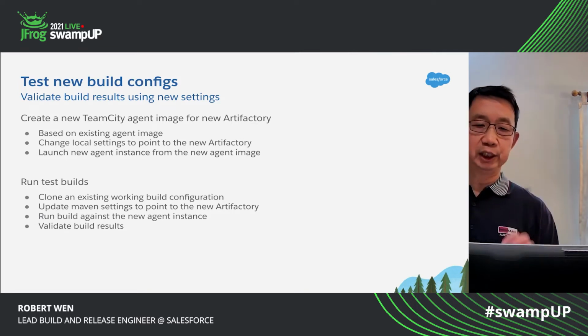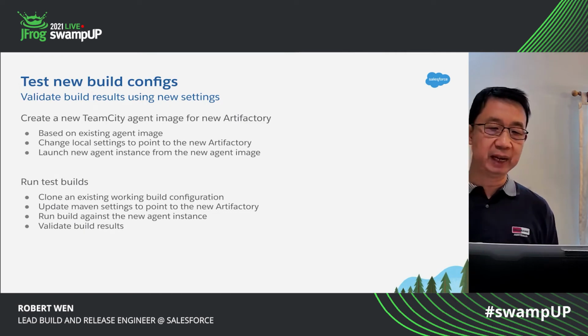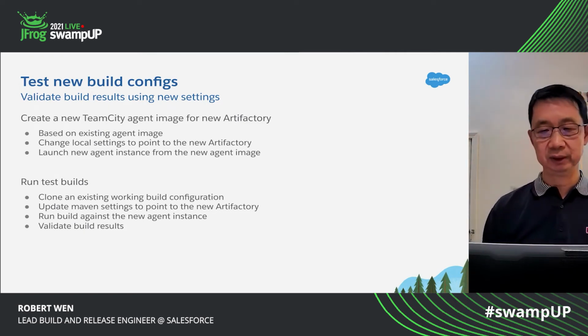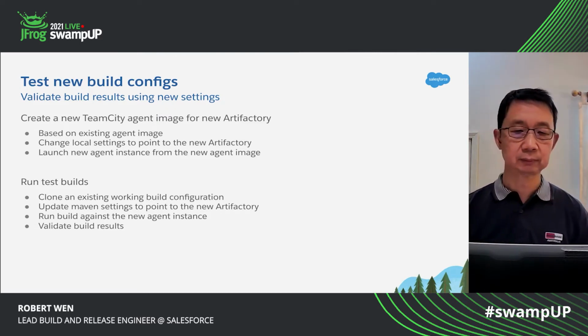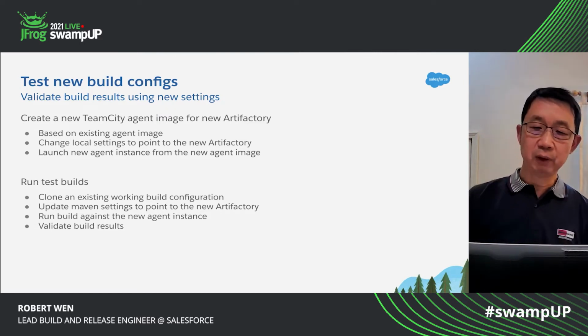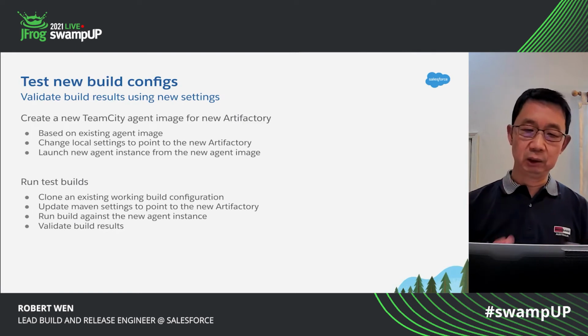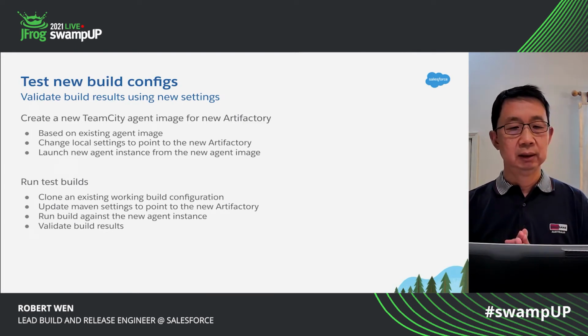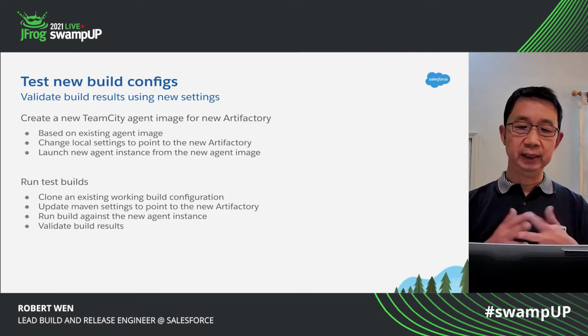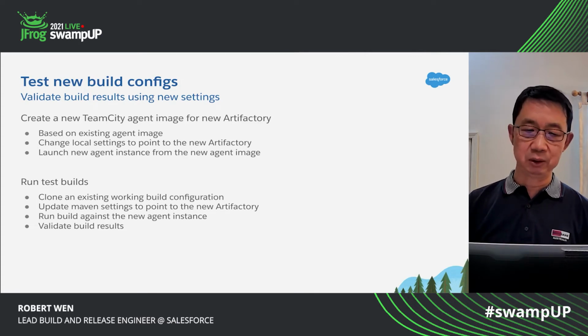Once we start syncing the artifacts, we can do the build validation test using the new settings. Of course, we don't want to interrupt any ongoing production builds. Therefore, we create a new TeamCity agent image.